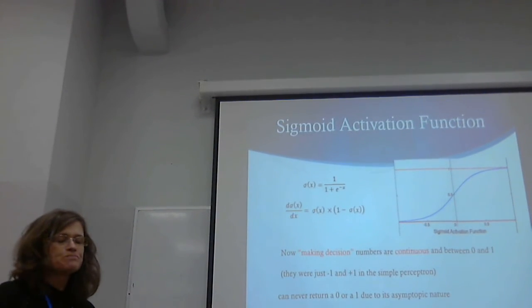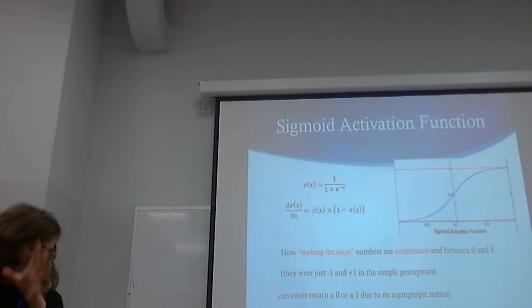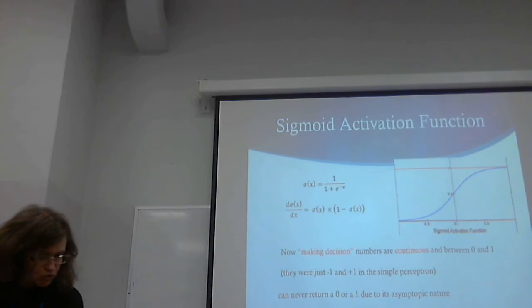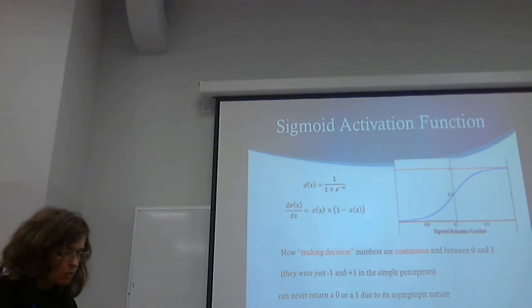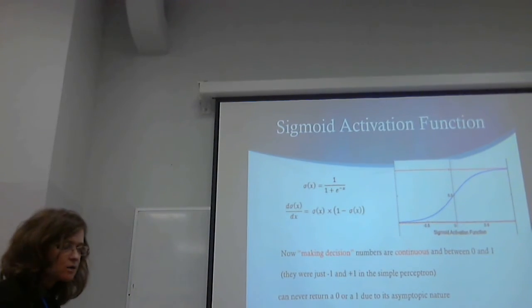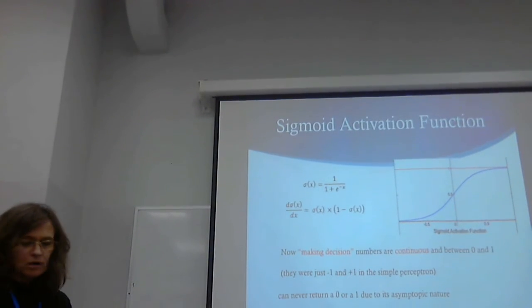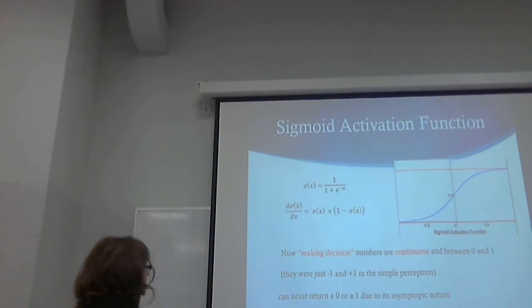I say, okay, if I have numbers less than 5, let it be 0. Everything above 5, the output is 1. Or take 1,000: if my sum is less than 1,000, the output is 0. If my sum is more than or equal to 1,000, then the output is 1.